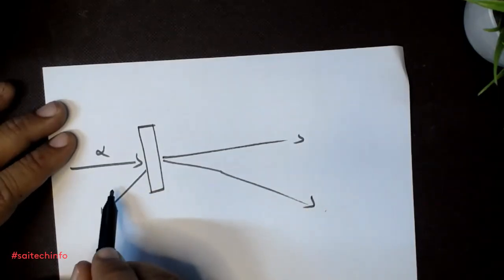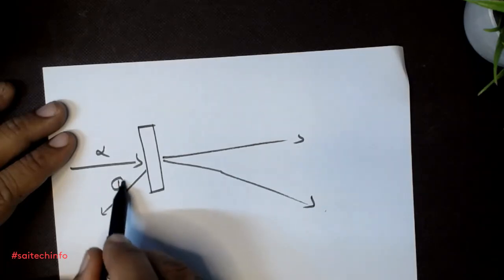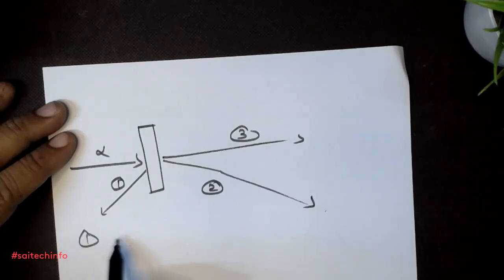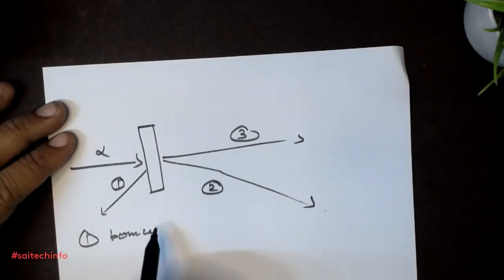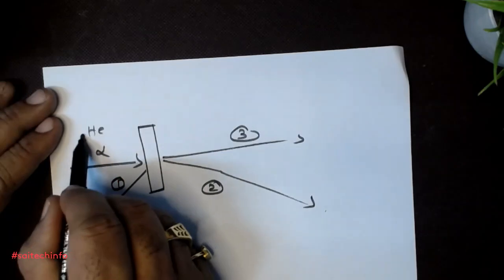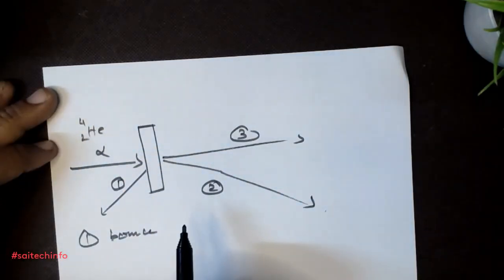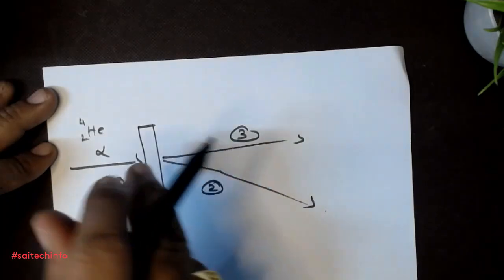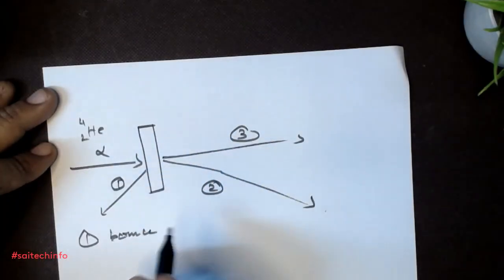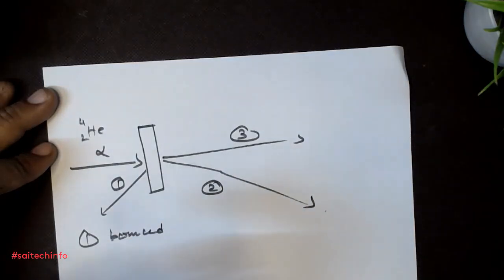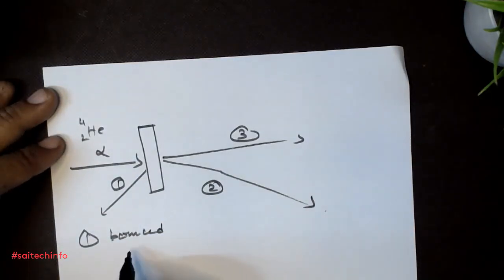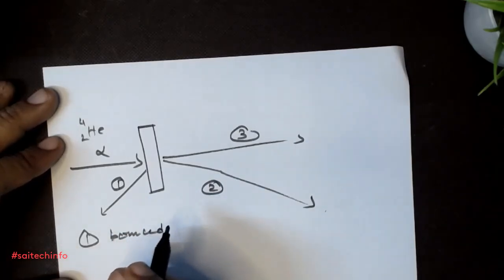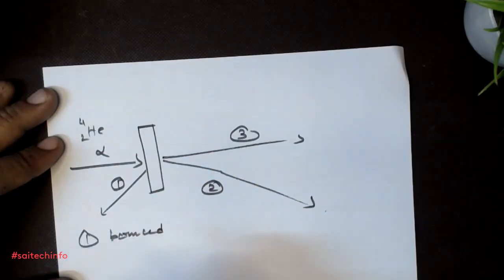So he was able to observe, observation 1, 2, 3. One is bounced. It may be because alpha particle is nothing but helium nucleus, that is a positive particle. So when the positive particle hits the positive nucleus present in the atom, they get bounced. So it indicates the nucleus size is very small because only a very small percentage of alpha particles were bouncing.